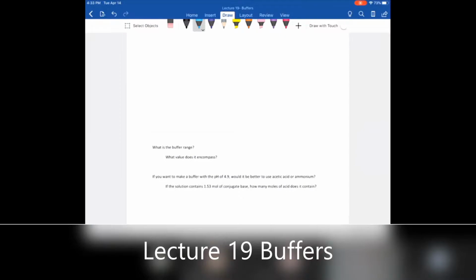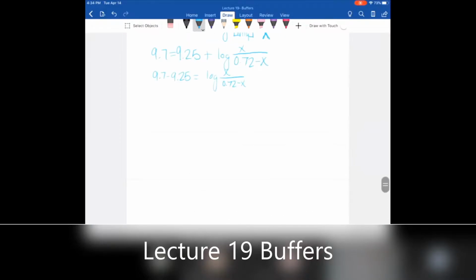And that's just going to be 0.45. Then I'm going to take the liberty and raise 10 to that power because it's going to save a step. That equals x over 0.72 minus x.